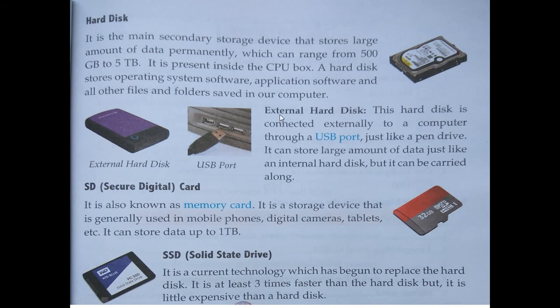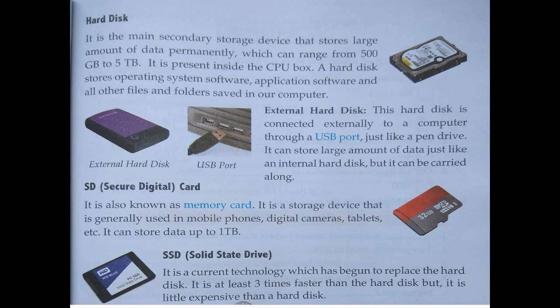Next device is external hard disk. This hard disk is connected externally to a computer through USB port, just like a pen drive. It can store large amount of data just like an internal hard disk, but it can be carried along with you. See, the benefit of external hard disk is there.